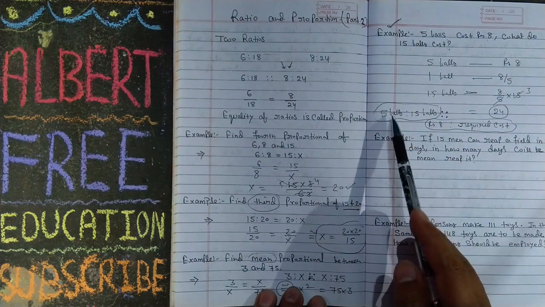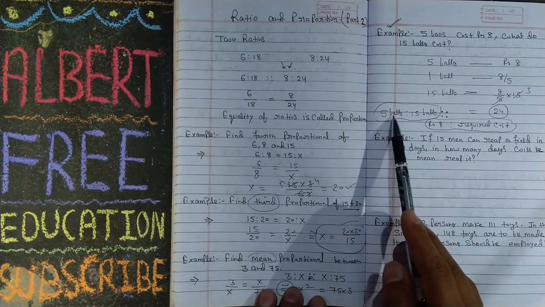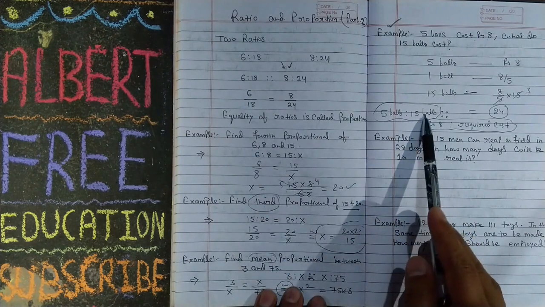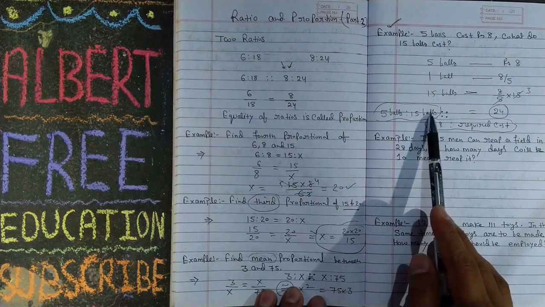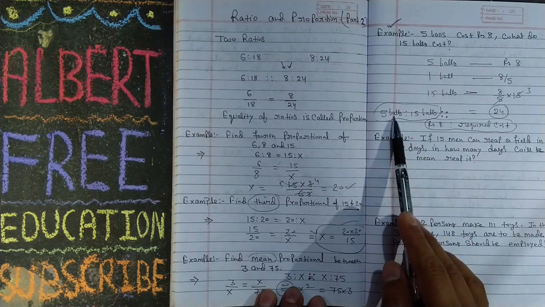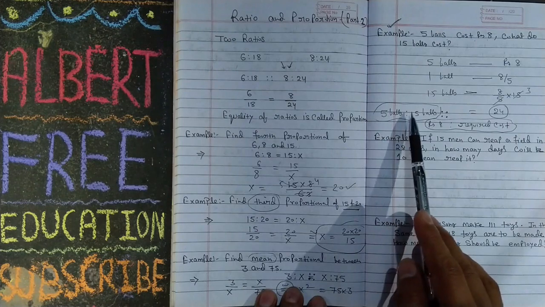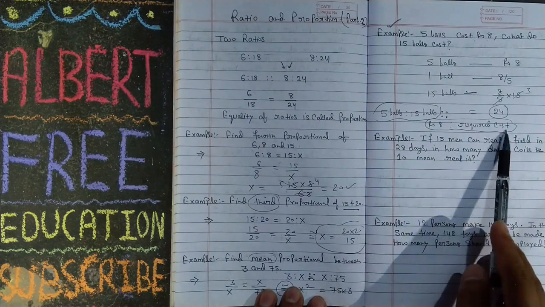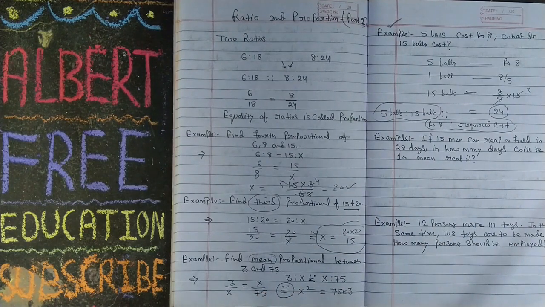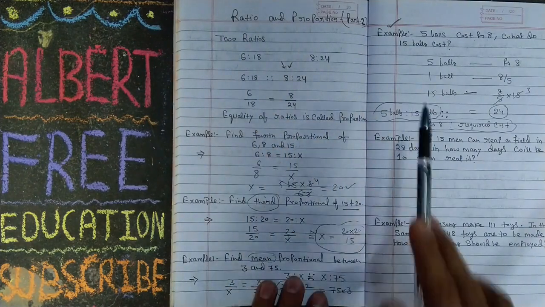But you must note that you have written 5 balls ratio 15 balls. So if you have written ball here, then you cannot write cost. You must remember it. If you have written cost, then there must also be cost. If you have written ball, then here also ball. So we have written 5 balls ratio 15 balls proportional 8 rupees ratio required cost. So this is the way to write, and this is the application of this.